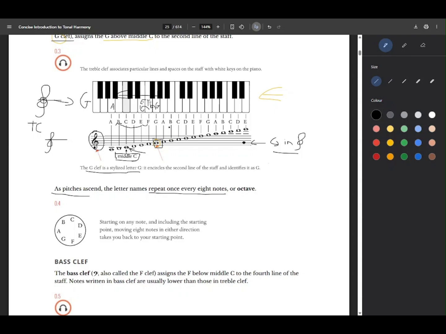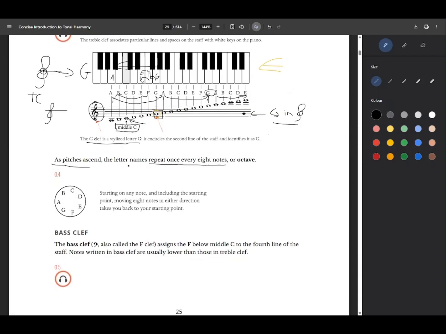No, don't know how to say their alphabet above H, above G. See, I'm even getting messed up. So after G, we wrap back around to A, and then everything's back to normal, A, B, C, D, E, F, G, until we get to our G again, and we wrap back around to an A, B, C, D, E, and we keep going all the way up.